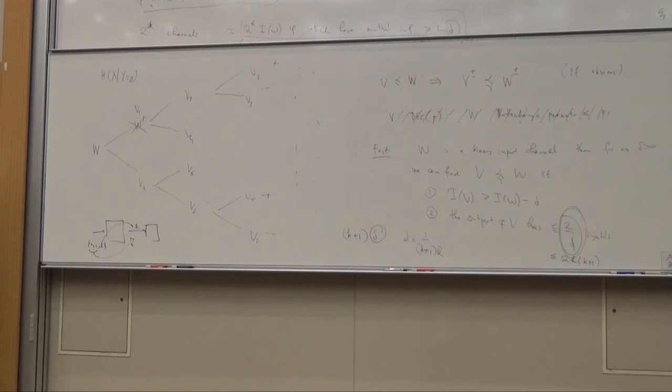If we have an alphabet size of 4, and we have mod 4 addition, then you end up with channels whose capacity is full capacity, which is 2 bits, equal to 1, or half of the full capacity, which is 1 bit, or 0. You end up with those kinds of structures. So then there'll be a non-trivial fraction of those channels, but it's hard to estimate which ones are which.